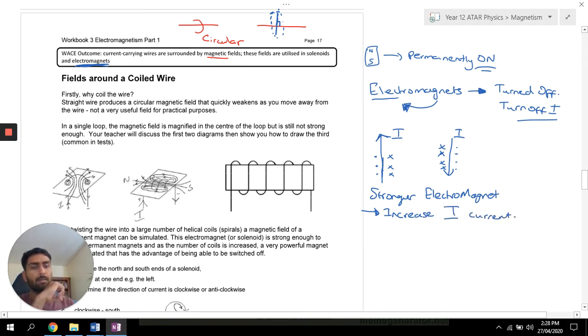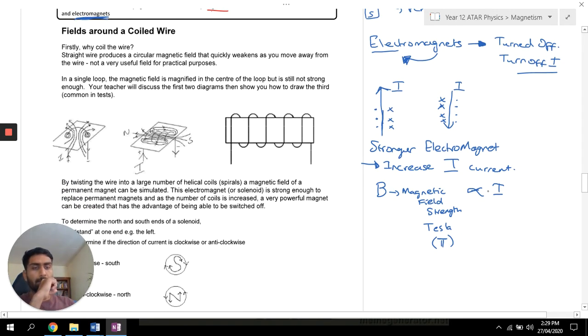So we can say that B, the magnetic field strength, is measured in Teslas. That's the unit, Tesla, capital T. Magnetic field strength is proportional to current, and surely you could also say it's proportional to the number of wires that you have together if they're aligned in the right direction.